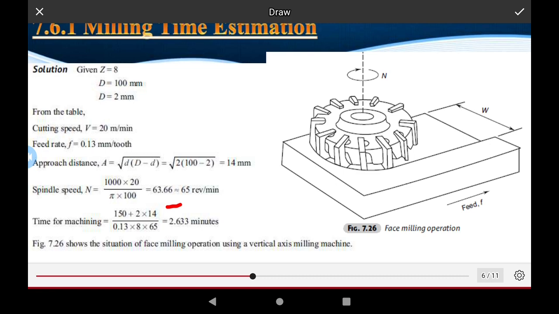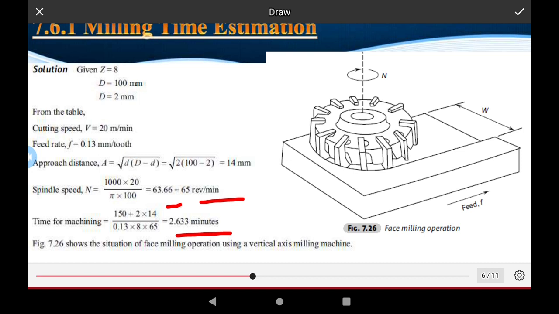Also for capital D, n is 65 revolutions per minute. Putting these values in, the machining time is 2.633 minutes.